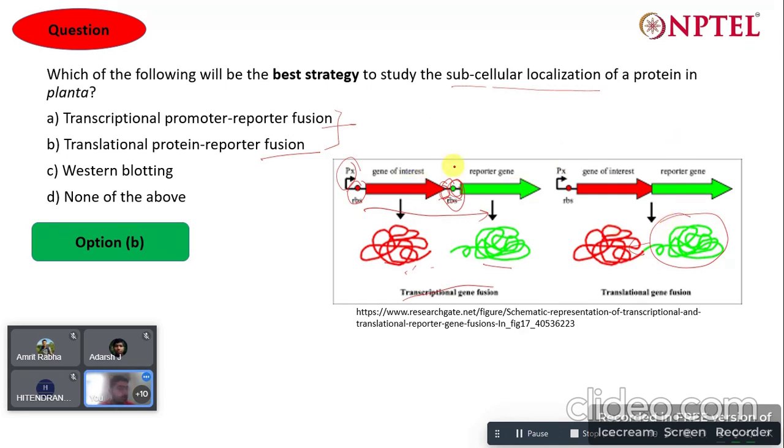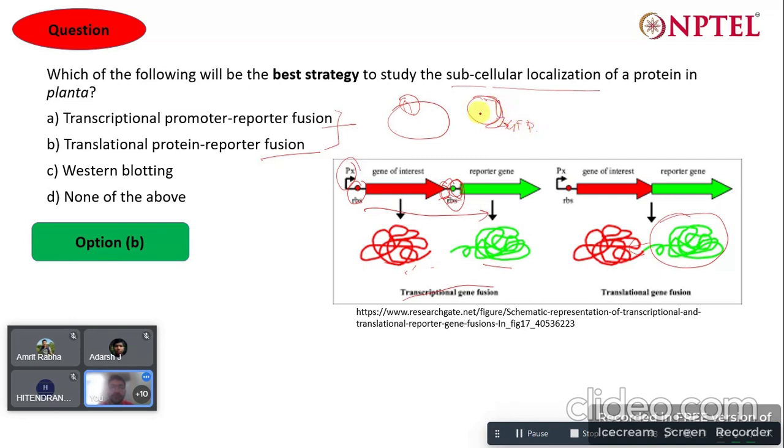Okay, so say we have to study a protein that embeds in the membrane. What we'll do is make a vector that contains a promoter, and after that promoter there will be a gene of that transmembrane protein, and this gene will be linked to a reporter gene like GFP.